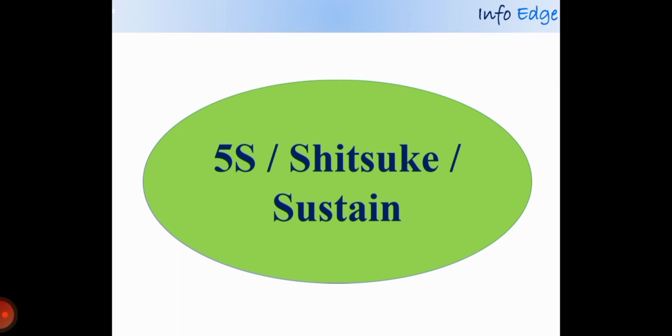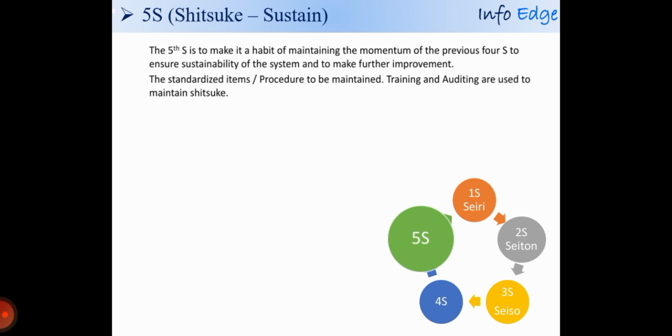That is shitsuke, or sustaining of the activity, which is implemented across all 4 S's. The fifth S is the sustaining. Sustain means whatever is implemented in all the 4 S's should be sustained through the self-discipline of the humans.